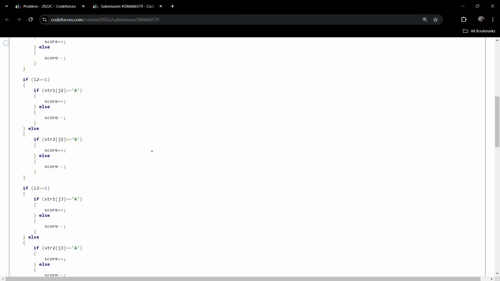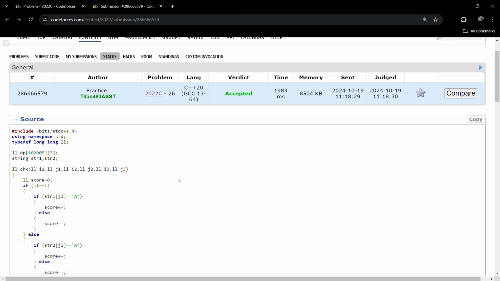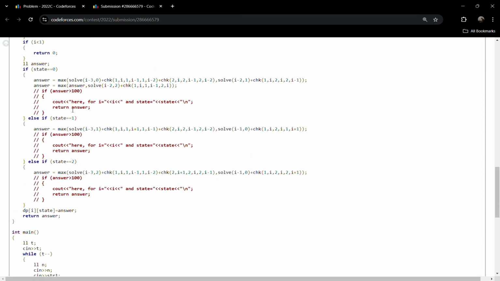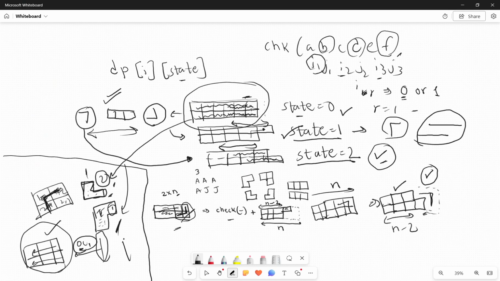So that was it. This thing also can be optimized by checking if 2i minus 1 modulo 3, what is it, it can be somehow optimized.